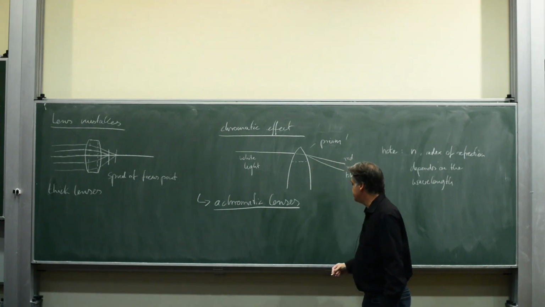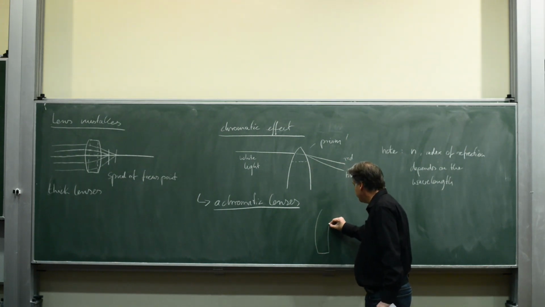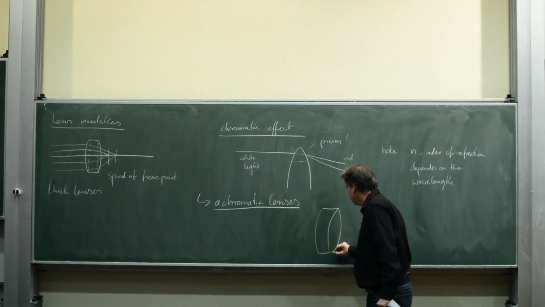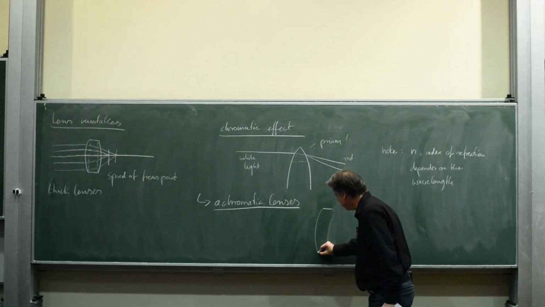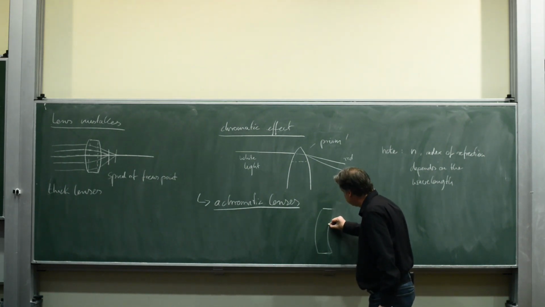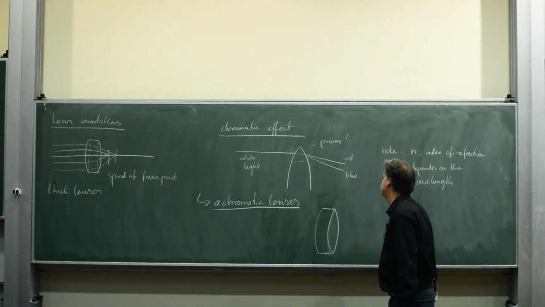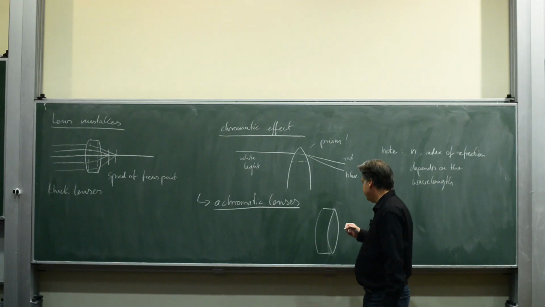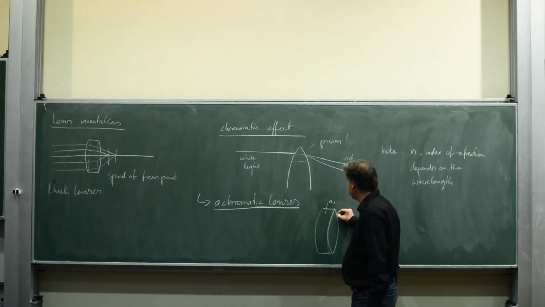And such an achromatic lens is simply built out of 2 types of glass. Let me just redo that again. Here we are using two different types of glass.